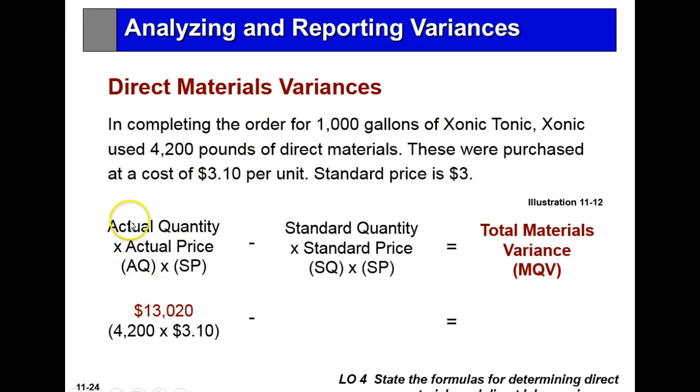So our actual quantity of 4,200 times our actual price of $3.10 versus our standard quantity times our standard price gives us our material variance, unfavorable.